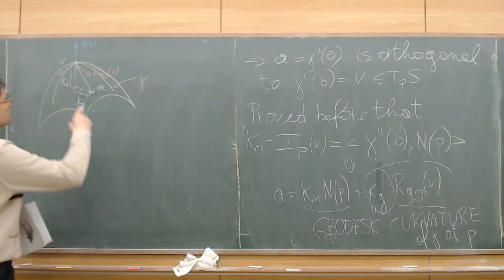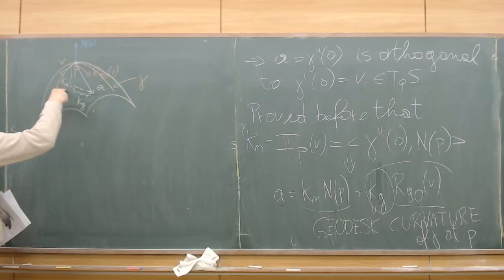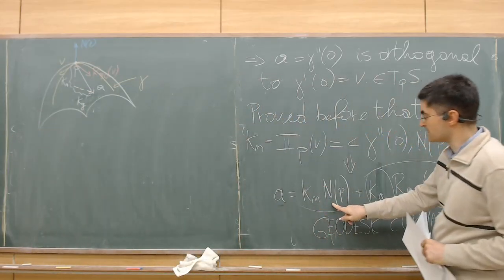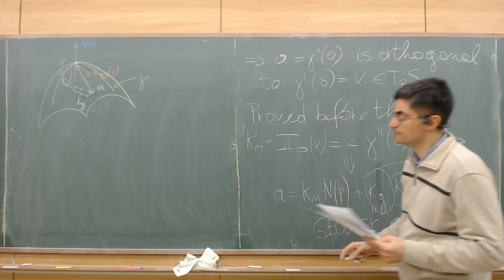So the length of this vector is exactly kn, because this is a vector of length 1.